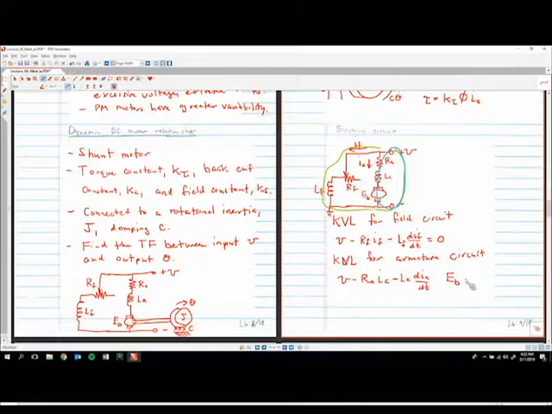All right. I probably should have drawn the voltage convention here, but we're saying that by spinning the motor, the high side of this back EMF is on this side here.